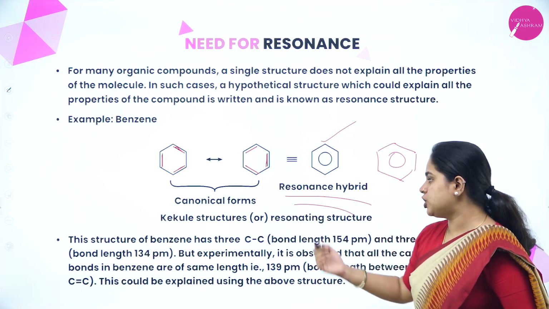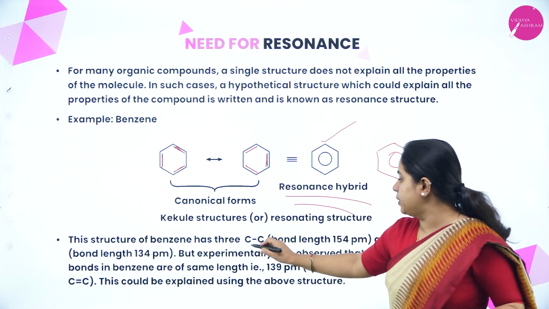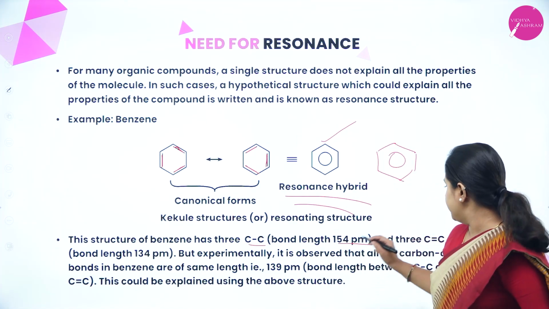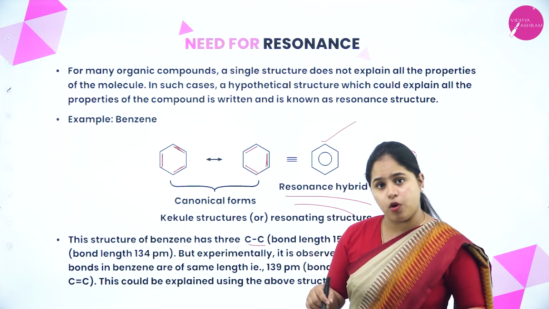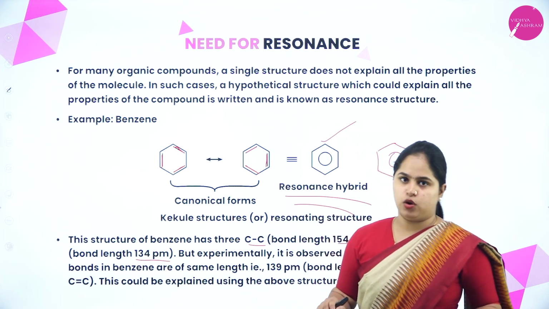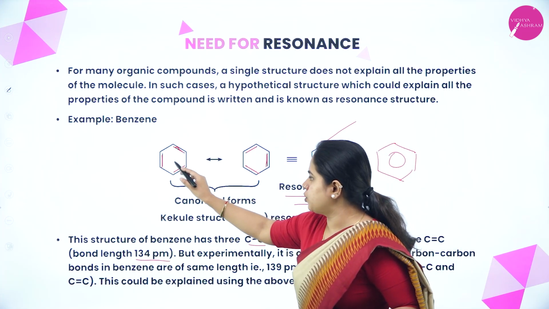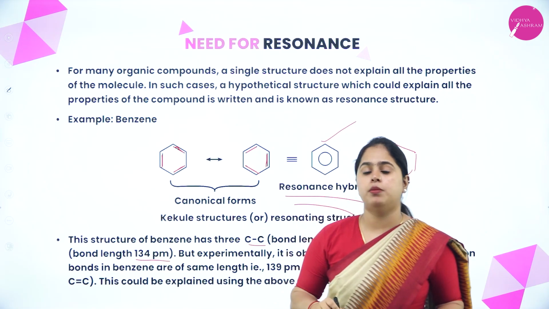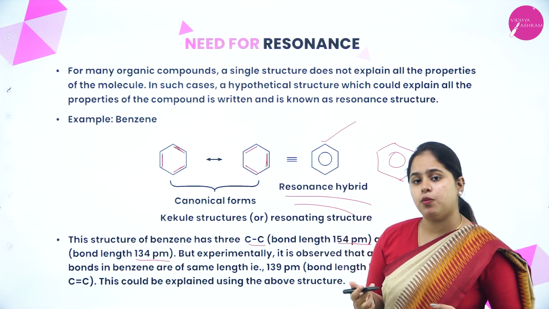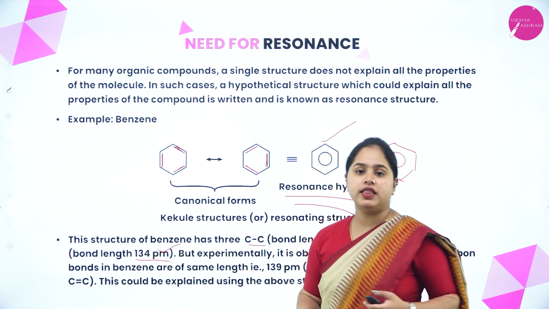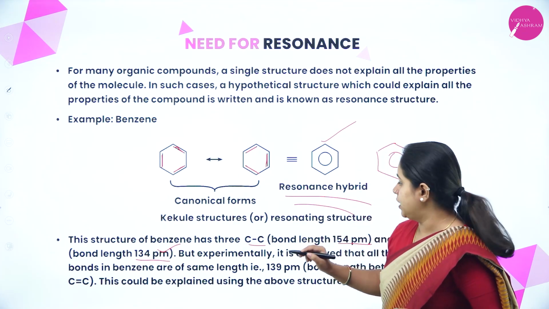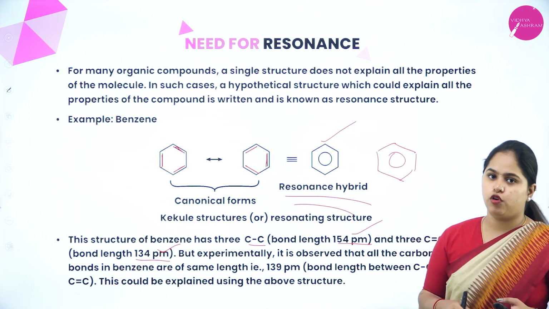Right. Now, the structure of benzene has 3 carbon-carbon single bonds having bond length 154 picometer and 3 carbon-carbon double bonds having 134 picometer. These 3 double bonds have a bond length of 134 picometer, and the single bonds between carbons have a bond length of 154 picometer.